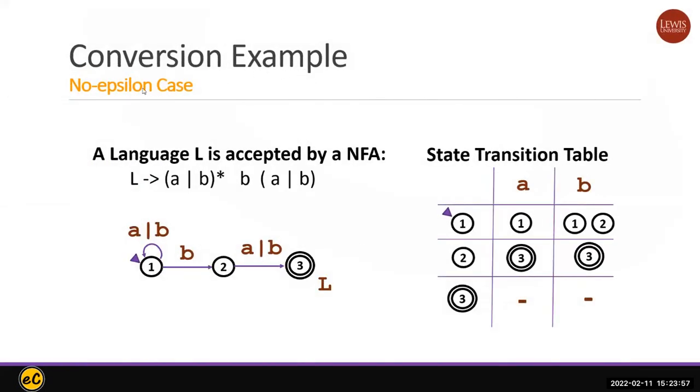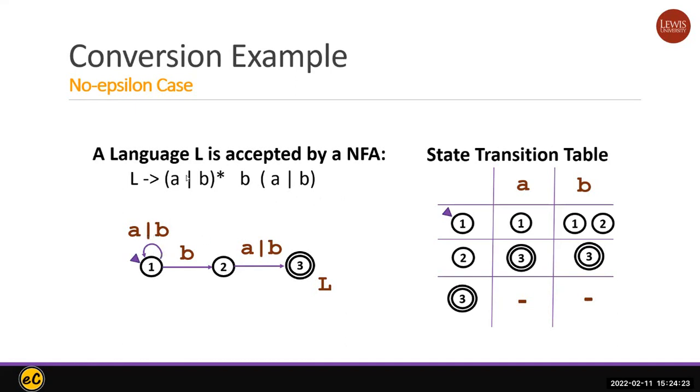Right here, we have the non-epsilon case. If the grammar or the finite state machine has no epsilon, we have an NFA like this. So let's look at it. We have (A or B) star, then B, then A B, like this. This is the language that is acceptable here. So we have state one.